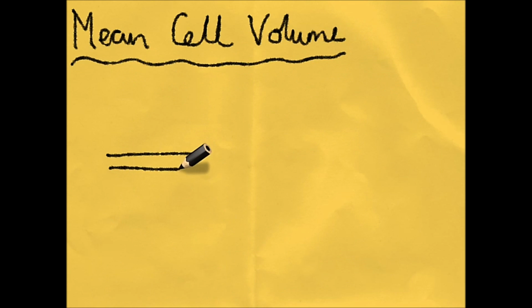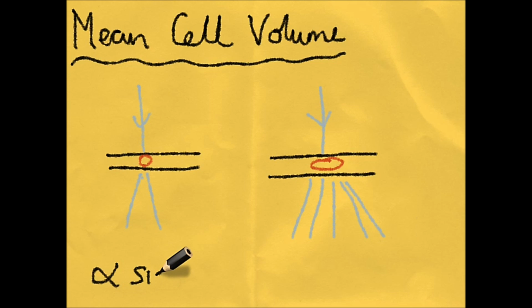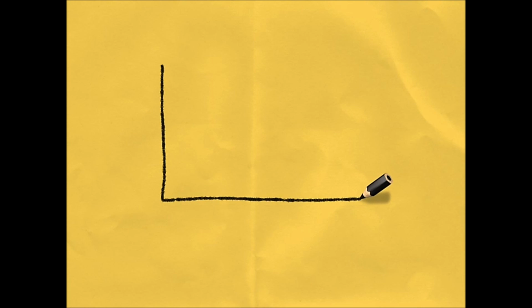The amount of light scattered or electrical current impeded is directly proportional to the size of a cell. And so we can work out the mean cell volume within an aliquot of blood. Putting together information from all the cells within that aliquot, we can plot the distribution of sizes within the sample.